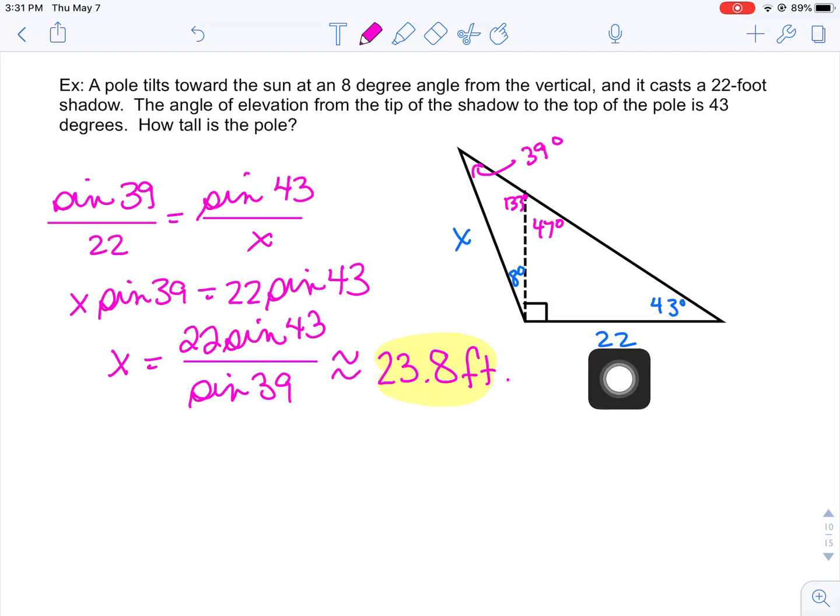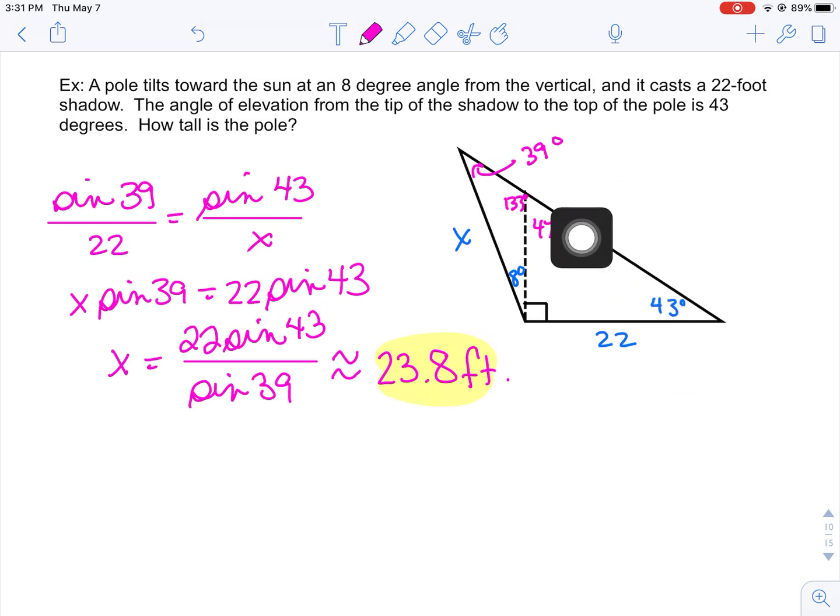Well, I have this angle 43, and it's opposite the length that I'd like to know. Now I need to have the angle opposite the side I know, so I had to work towards that. These two angles have to sum to 90. The two acute angles of a right triangle sum to 90 degrees. So I got the 47 by subtracting 43 from 90.